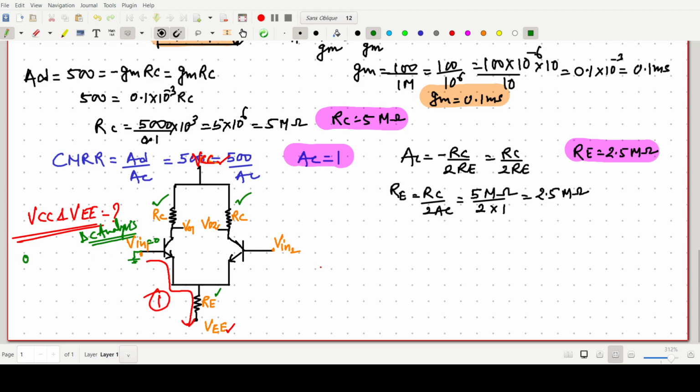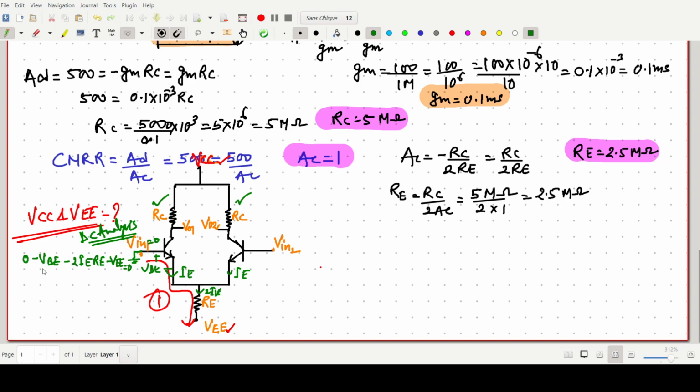So it should be 0 minus this voltage plus of minus VBE, so minus VBE minus twice IE RE, twice IE because one IE is coming here and one IE is coming here. So minus twice IE RE minus VEE equals 0.